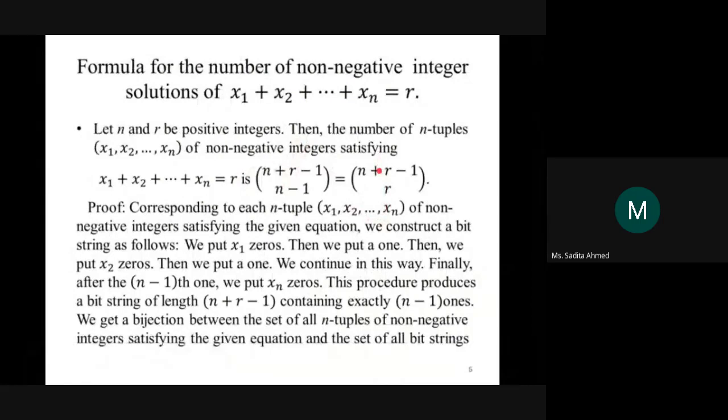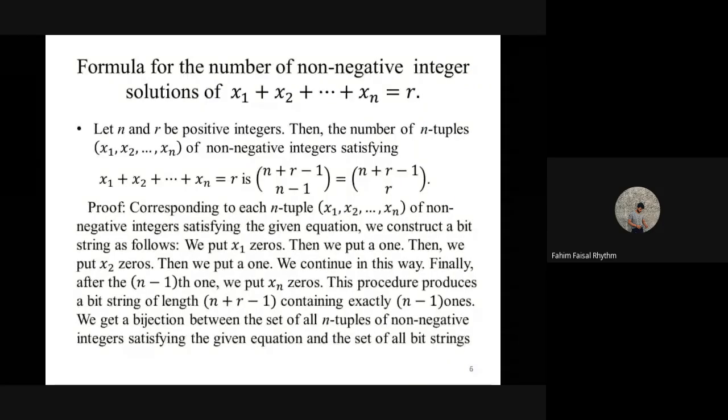Is this clear, guys? Miss, I have a question. Yeah, go ahead. Miss, in the previous bit string examples we did, like in the product rule, we didn't use partition. Are there any other ways of using bit strings than partition?